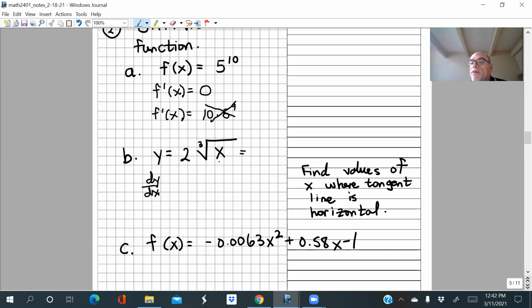So you have to change your radical into what? A fractional exponent, exactly. So we want to change this cube root into a fractional exponent.